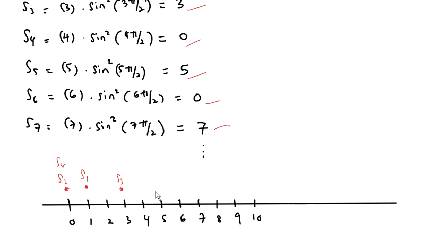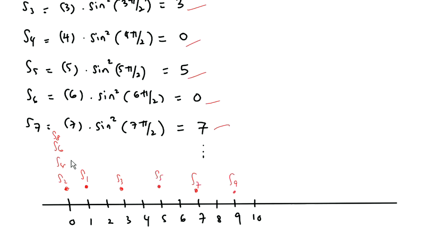And then S5 is 5. S6 is 0. And then S7 is equal to 7, and so on. S8 will be here, and then this is S9. So we can see the trend.